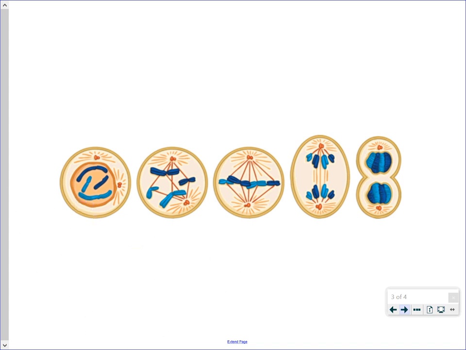In this image, what we do see is that the nuclear membrane is still here. The chromosomes are at least starting to condense. We do have some structures that are also shown here. These are called the centromeres, and within each centromere, eventually there will be 2 what are called centrioles.